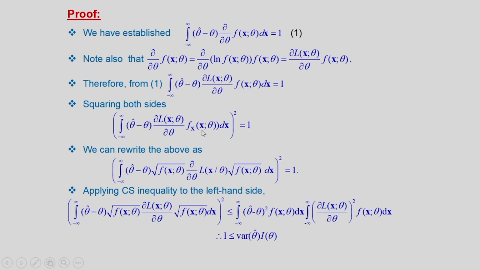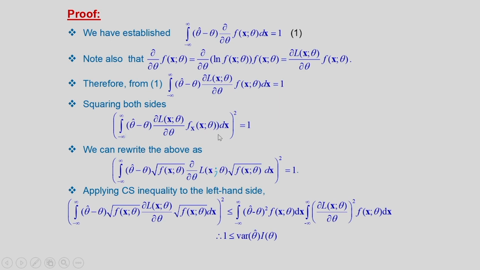Now, we have to write it as a product of two functions, and since this quantity is greater than or equal to 0, we can take the square root and write it in terms of two functions. One is (theta hat minus theta) times root over f of x theta, and the other one is the partial derivative of l of x theta times the square root of f of x theta dx. So, now we have two functions.